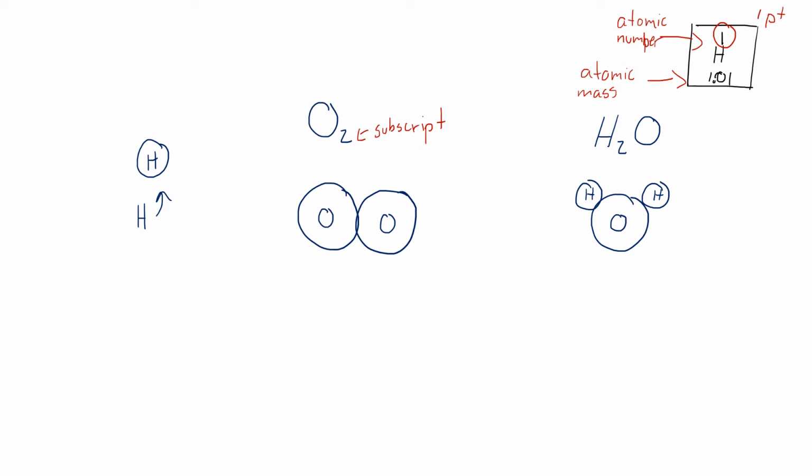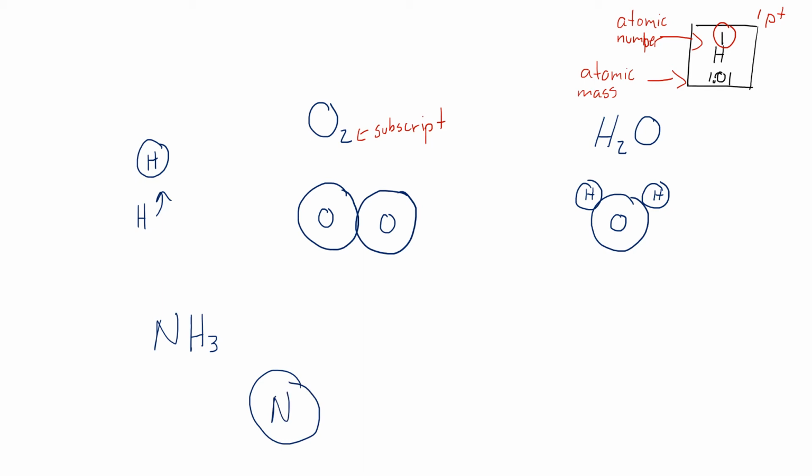Let's say I was drawing the Dalton model for ammonia, NH3. I would have 1 nitrogen because there's no subscript here, so I have 1 circle for nitrogen.